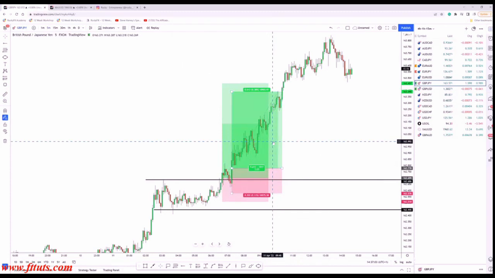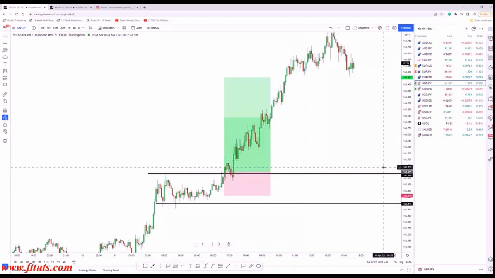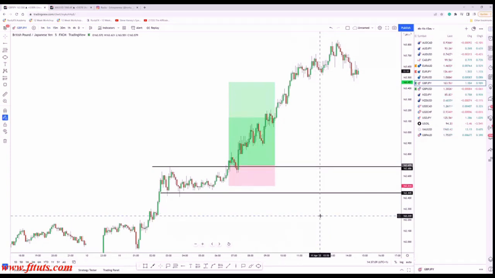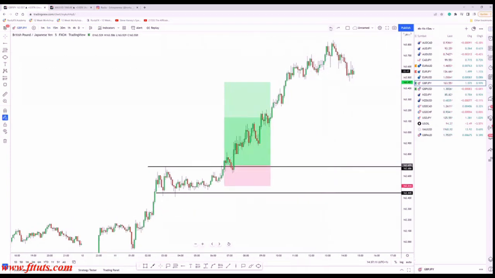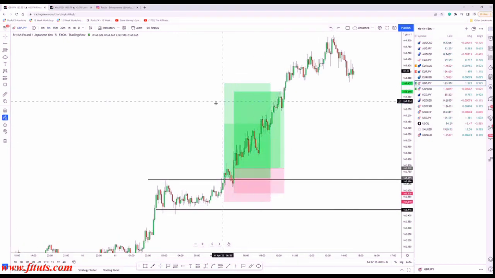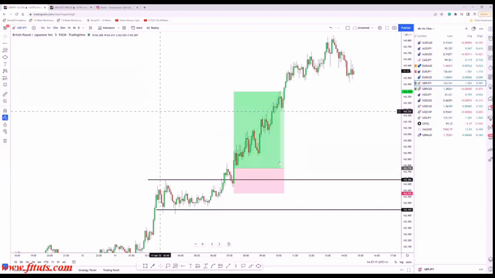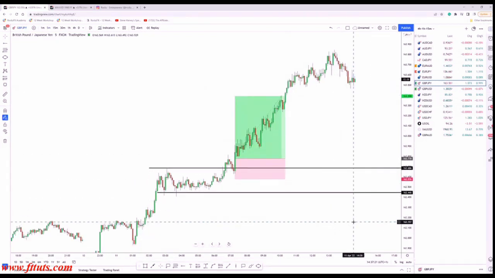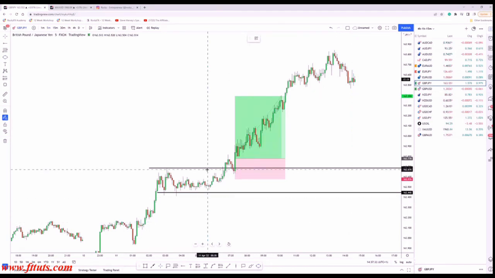Let's remove this one. Is this a good entry? Yes. Where's that other one gone? Is this a better entry? No. It is. Yeah. Both of them are exactly the same.